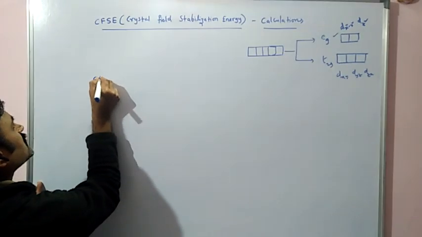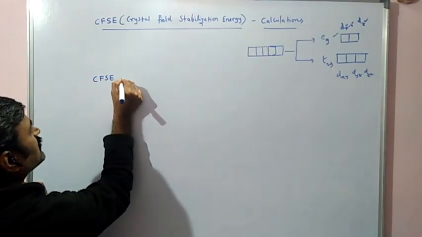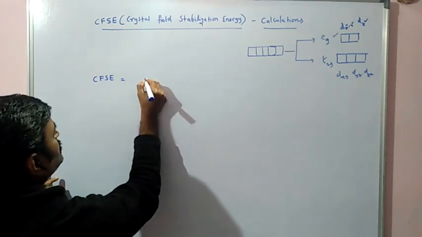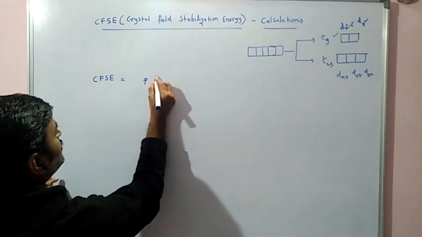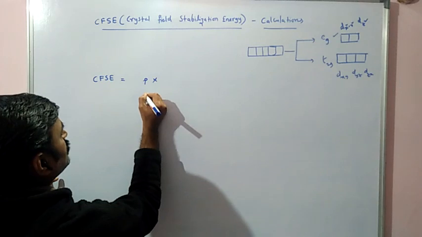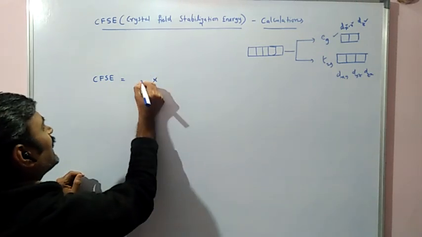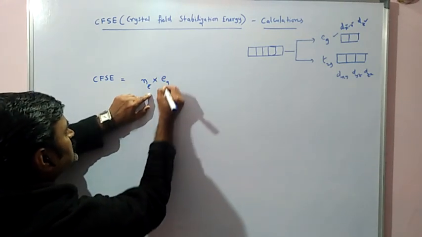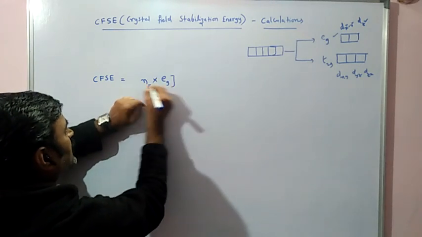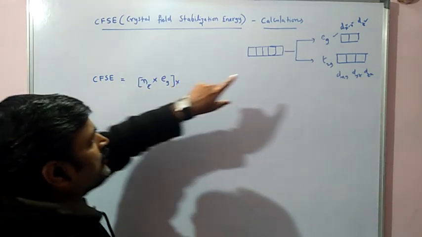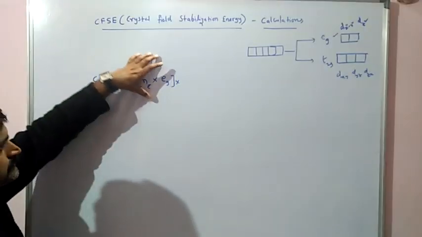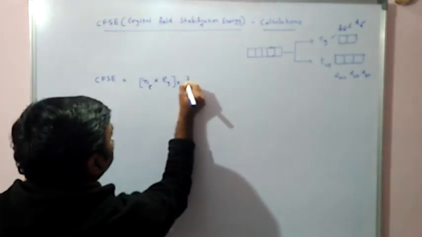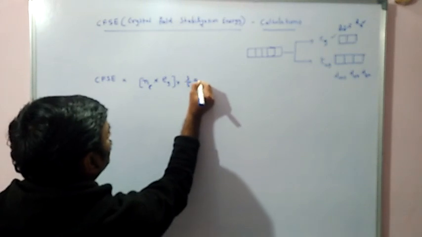We have the overall crystal field stabilization energy, which is given as a mathematical formula: small p, or you can also write, number of electrons in Eg orbitals into, for Eg orbitals, the rise in energy, that is 3 by 5 delta naught.